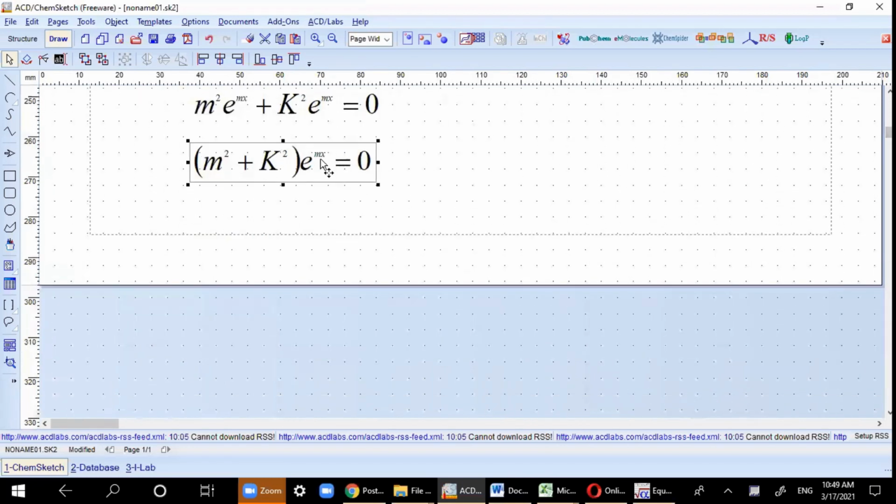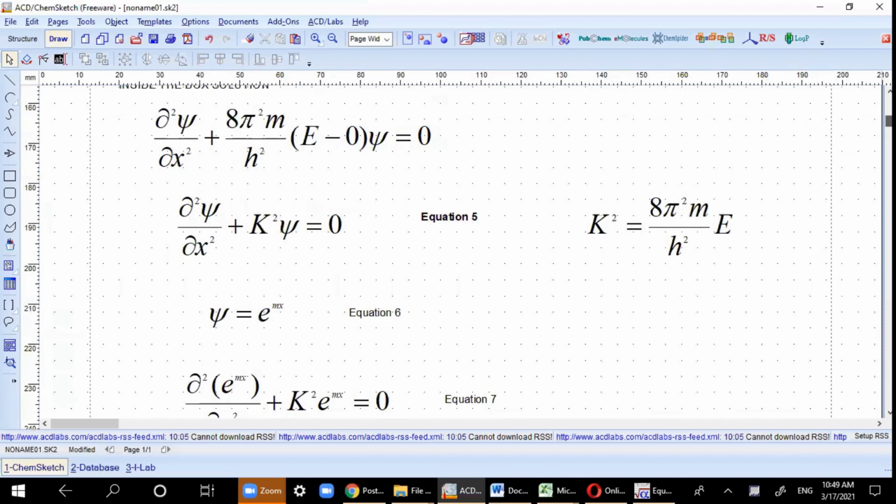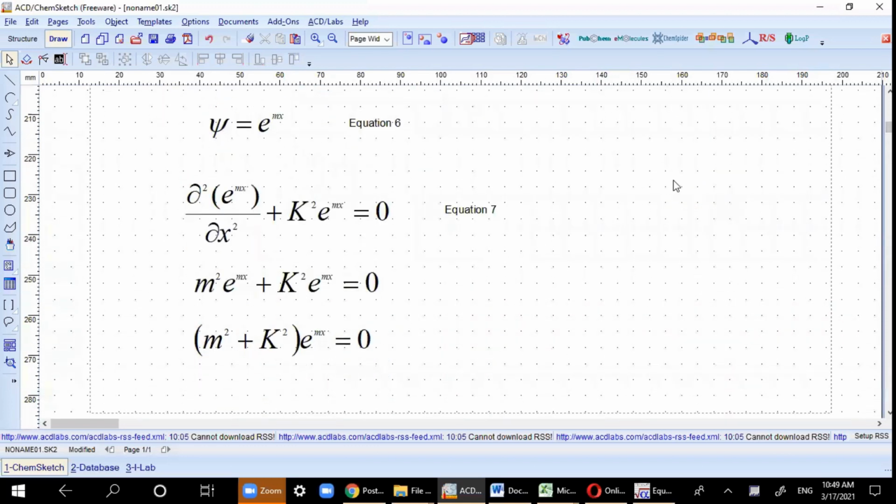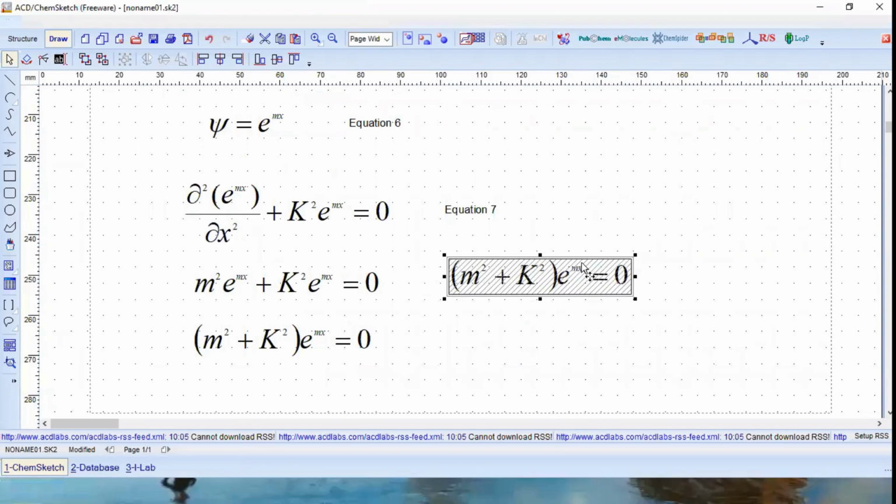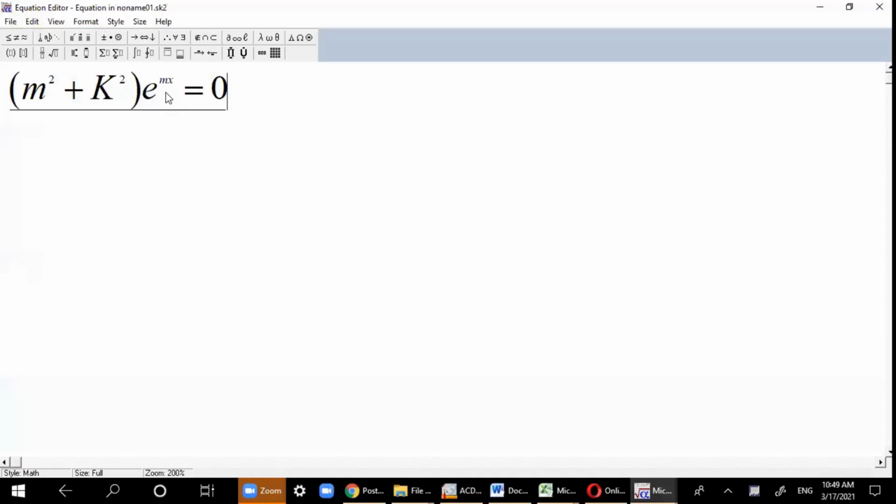The other possibility is m square plus k square equal to 0. Up to this, are you clear? Yes, sir.